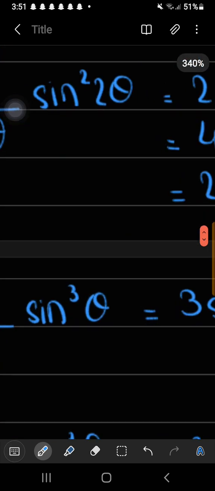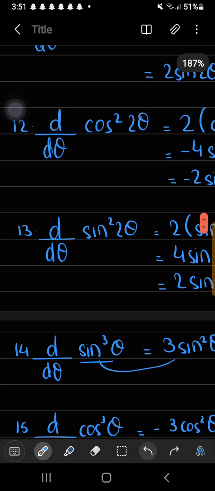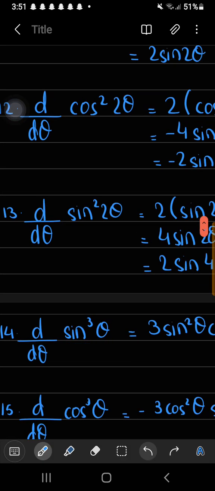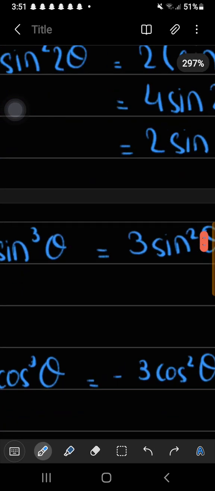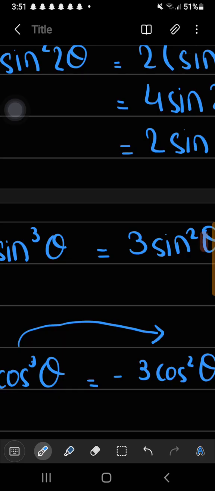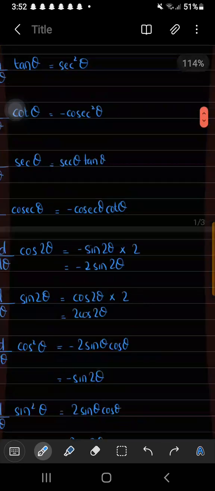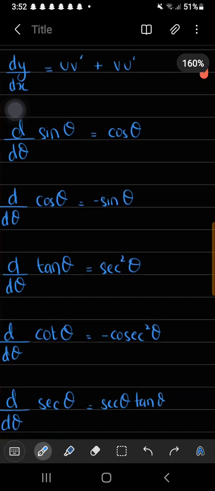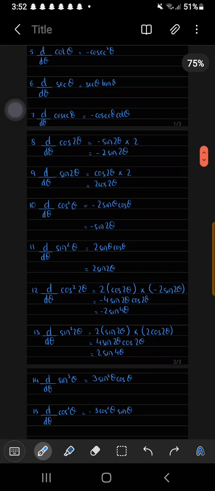As there was sine, there will be leading sine square, and the sign is not changed, like the sign plus minus. And here is cos cube, so the leading will be cos square and the sign will get changed, because from the start we see that when we differentiate cos it will become negative.